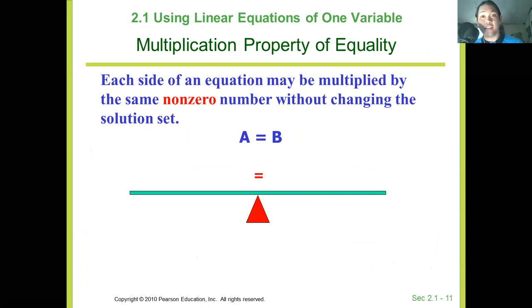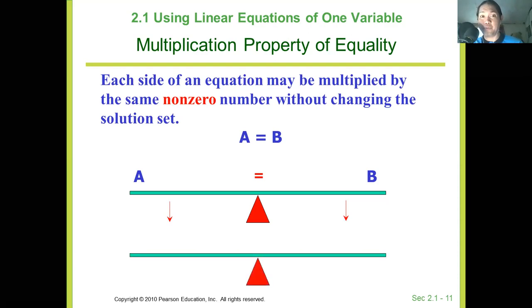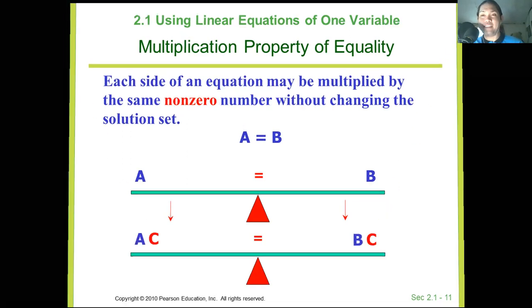Same thing here: when we have A is equal to B, expression is equal to expression, with A on the left and B on your right, we can multiply any number or constant term to both A and B so that the equation will be balanced. So A and B, we multiply by C so that they will remain balanced.